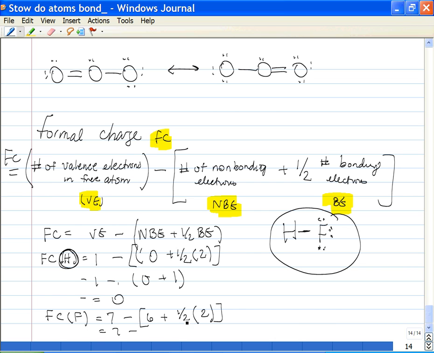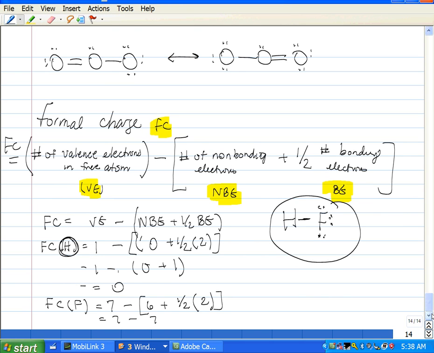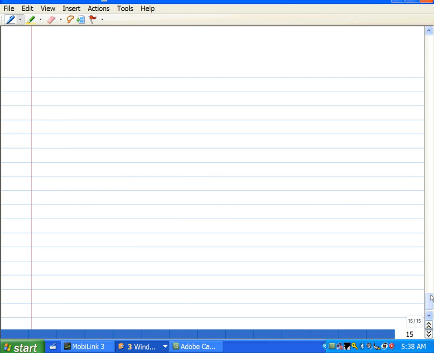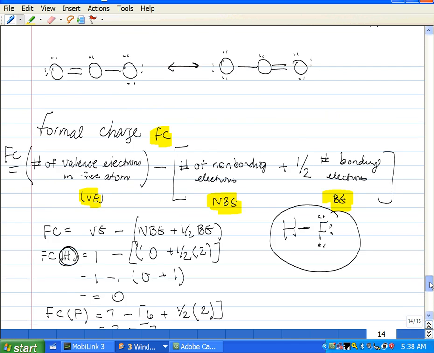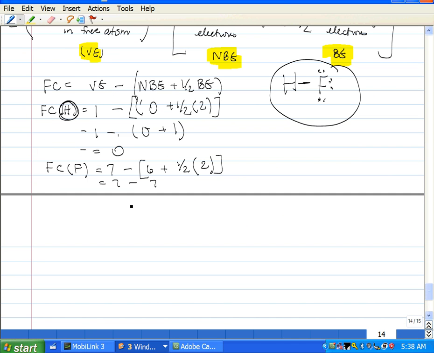So basically, this is the same thing as saying 7 minus 6 plus 1, which is 7, which is 0. This page might jump down. Don't freak out if it does. If it did, we're going to go back up. So total charge on fluorine is 0. So that's how you calculate it.